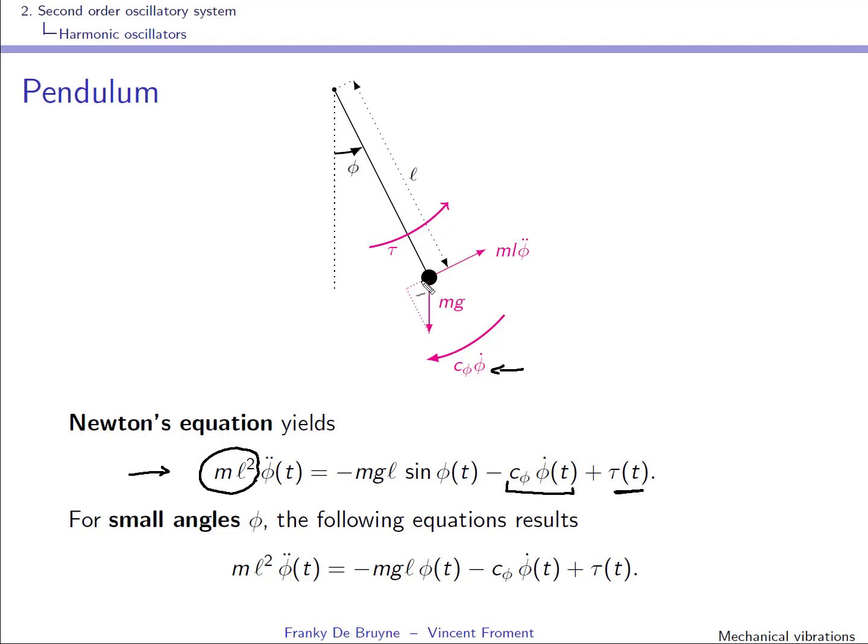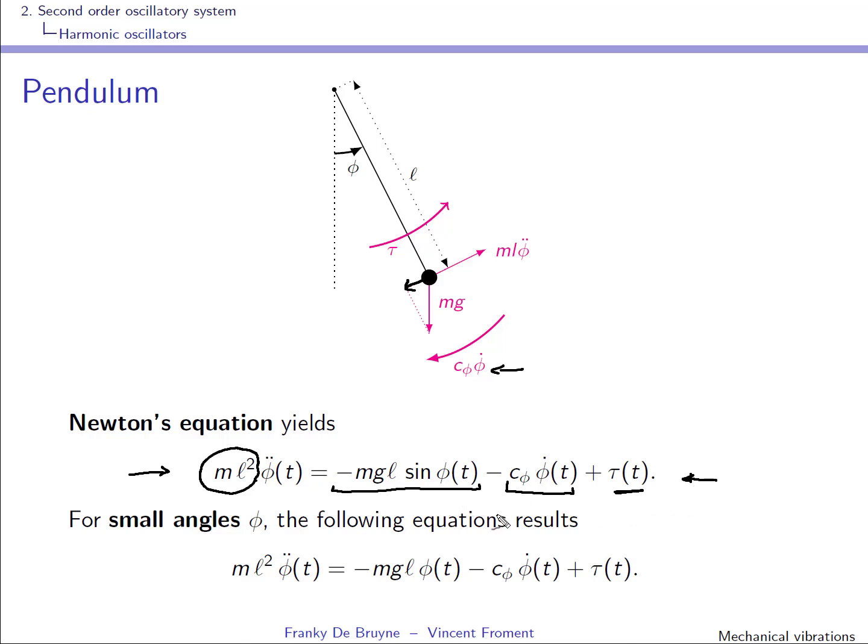We have to take this component of gravity, which is mg sine phi times the distance L, and then we have the counter torque which comes from gravity, and we have the equation of a pendulum, right?